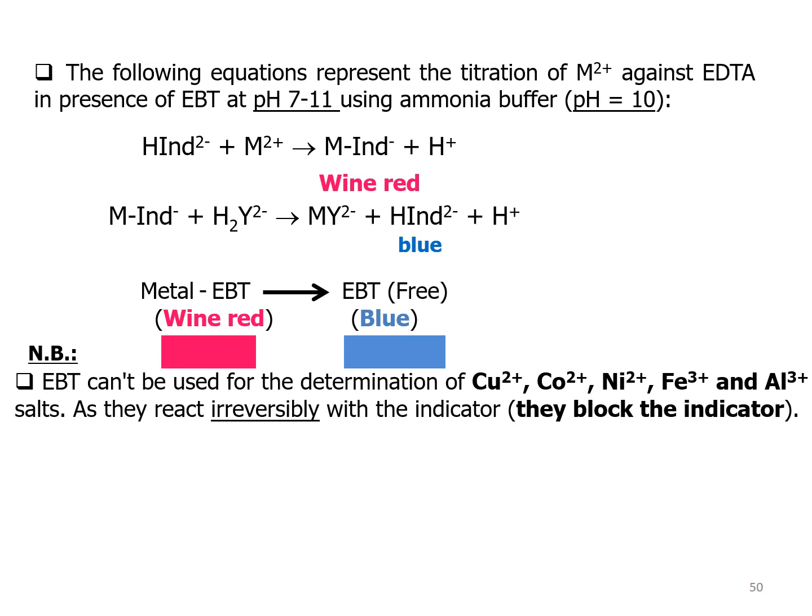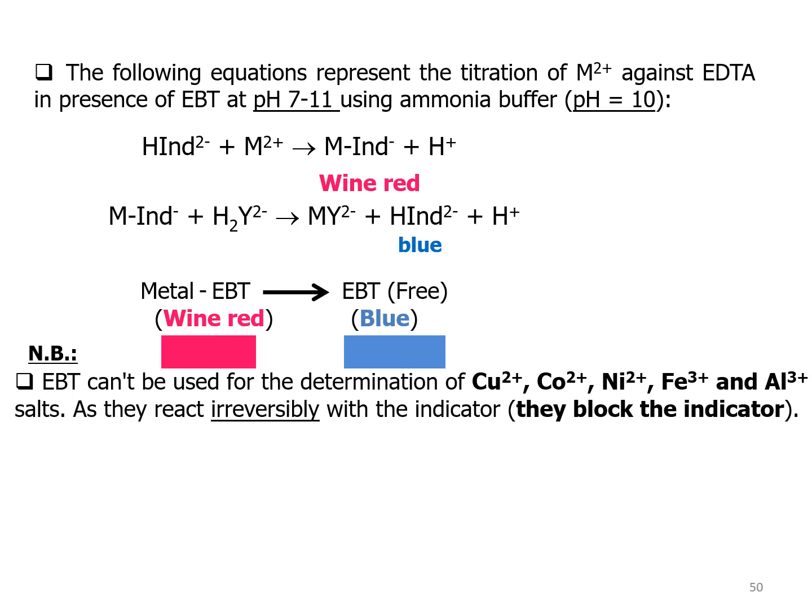Well, EBT cannot be used for determination of copper, cobalt, nickel, ferric, and aluminium. Why is that? Because these central metal ions form an irreversible complex with this indicator. That means even if we put EDTA, EDTA will not substitute the indicator from the metal ion-indicator complex.